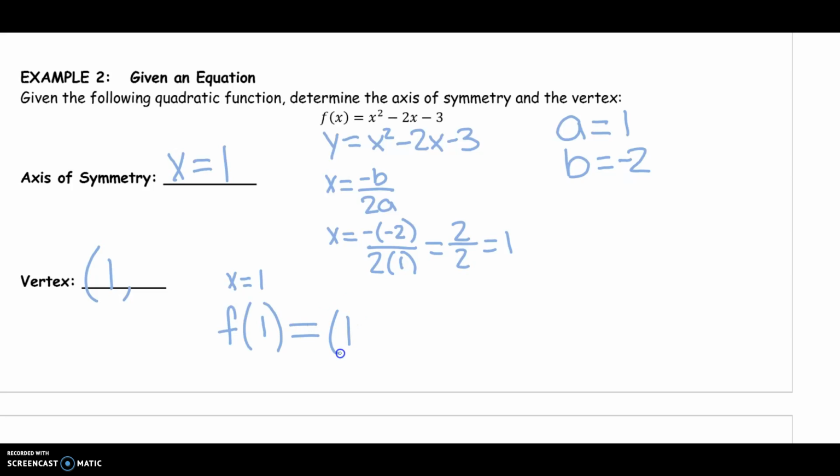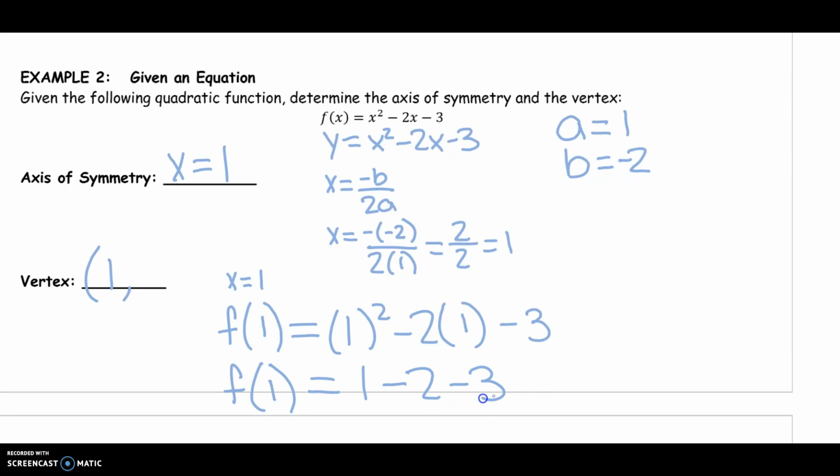So I get 1 squared minus 2 times 1 minus 3. You can just plug that into your calculator, or you can solve it by hand. I get 1 minus 2 minus 3, which is negative 6. I'm sorry, negative 4. So my vertex is 1, negative 4.